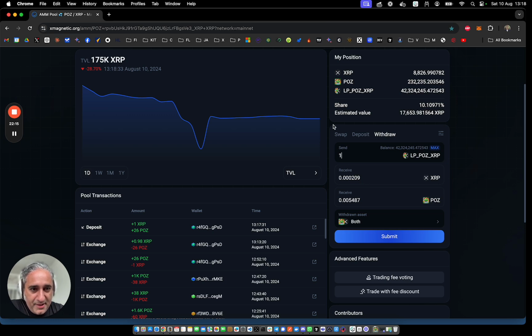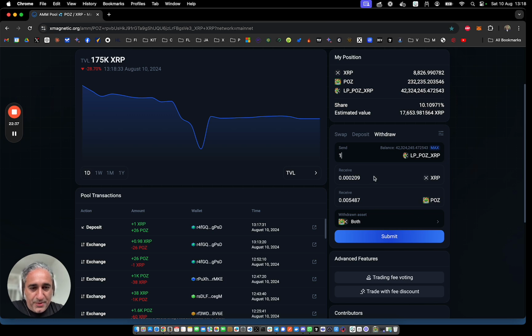This is a kind of respectful way of withdrawing liquidity from the pool, because it doesn't affect the price, because you're removing the assets in proportion to each other in accordance with the exchange rate. So you don't move the price of the asset in the pool when you do a double-sided withdrawal.